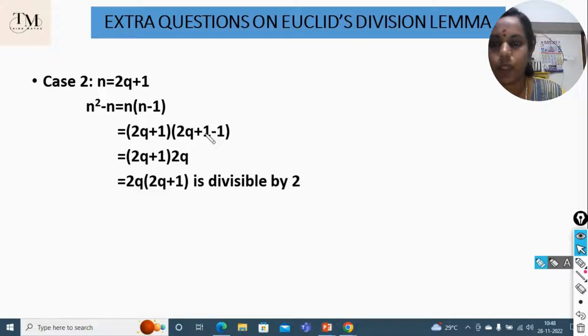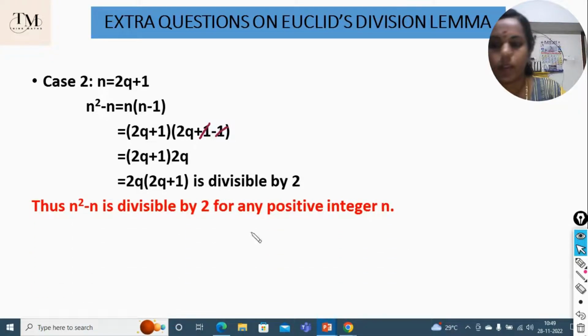Plus 1 and minus 1 get cancelled, so 2q is written here. So 2q into 2q plus 1. Here 2 is common, so it is divisible by 2. So in both the cases, n square minus n is divisible by 2. Thus n square minus n is divisible by 2 for any positive integer n.